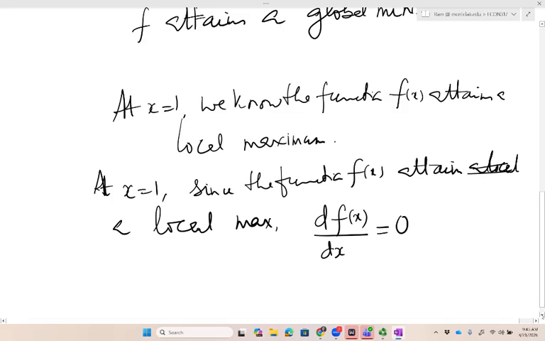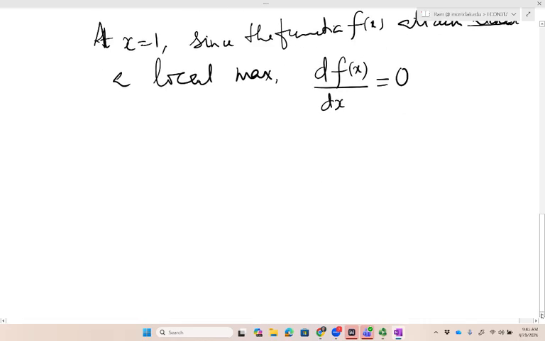Okay, but x equal to 1 was one instance. Maybe we draw another graph, the value of x will change. But again, if we say that at the new value of x, the function attains a local maximum, then it must be true that the derivative of the function at that point is 0. So let me write this now in a more general case.